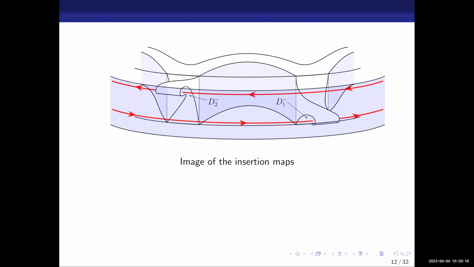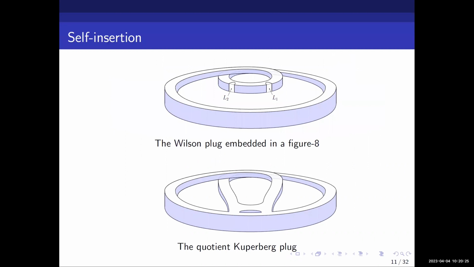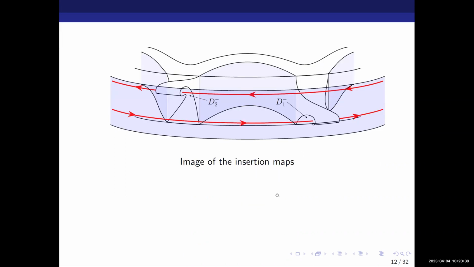So that's the idea: you twist. Remember the dynamics in the plug here. Before I embed this, the dynamics are going from the bottom to the top, right? So she puts in a half twist on each one so that the dynamics, when you insert it, will agree with the dynamics inside the plug.